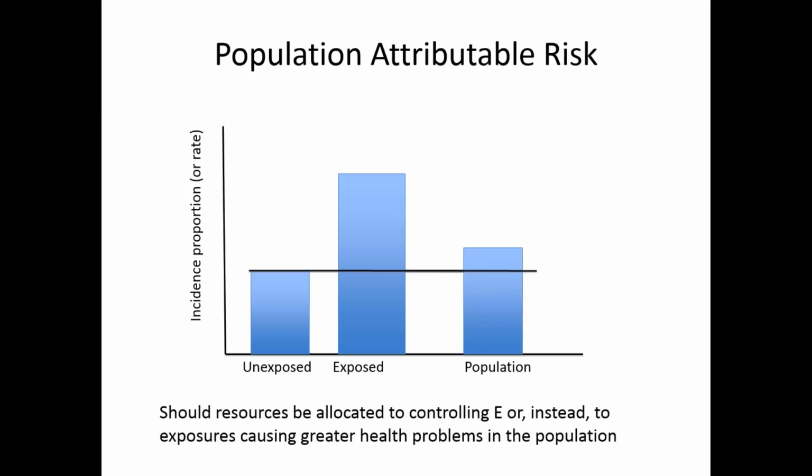There is something also called a population attributable risk, and that's where you're looking in this entire population at how much excess there is due to this exposure. So in the first bar, you see the risk in the unexposed. In the second bar, you see the risk in the exposed, about half of which is due to the exposure.